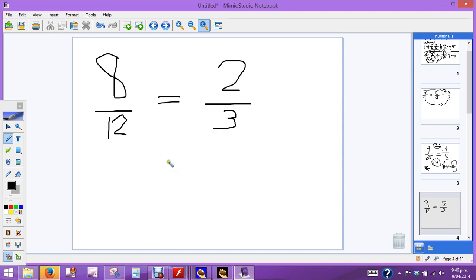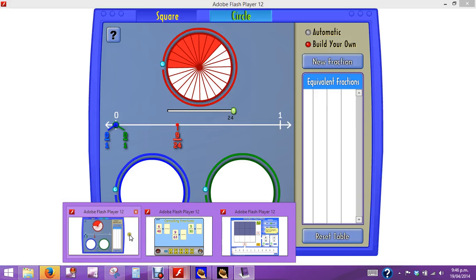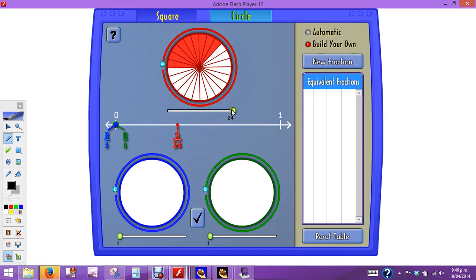Without drawing pictures, what I can do to get this, let's keep with the pictures a little bit. There's my 12ths there. 1, 2, 3, 4, 5, 6, 7, 8. So it's a half and a little bit more.